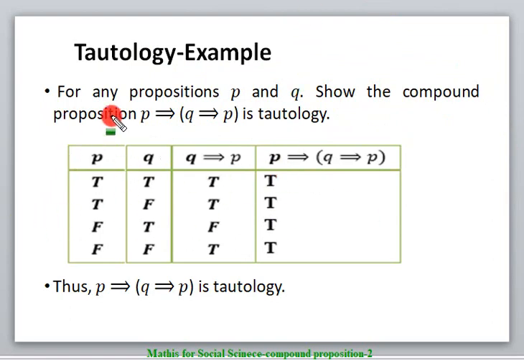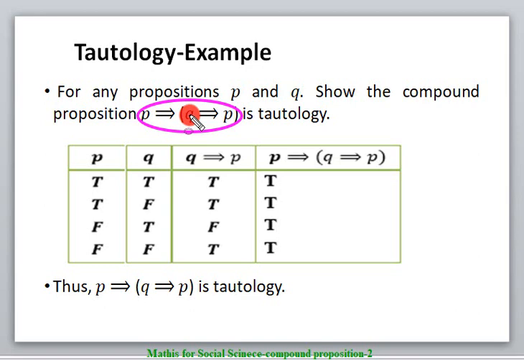Let's see using an example. For any propositions P and Q, show that the compound proposition is a tautology. Here we are given this compound proposition, which is made up of two propositions P and Q. The truth values of P and Q may be true or false.